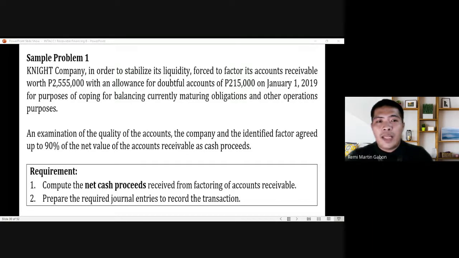So when we say net value, we mean 2,555,000 minus 215,000. So how much will be our basis? To what amount are we going to multiply 90% if we mean net value?